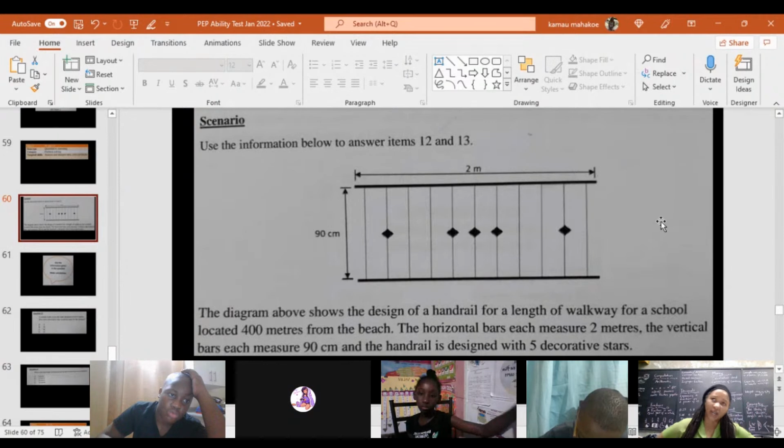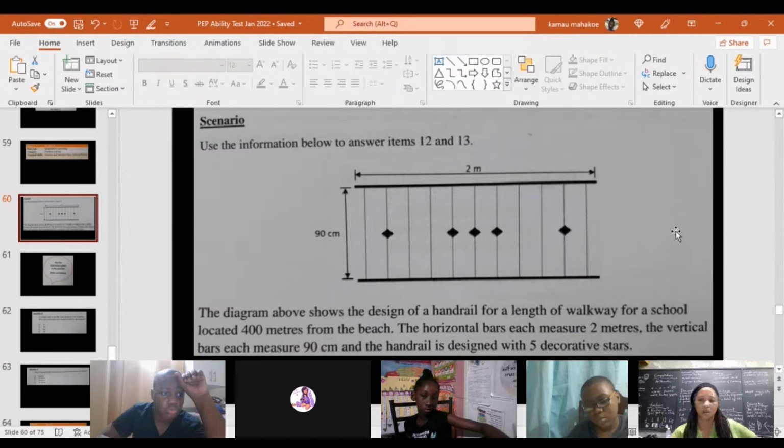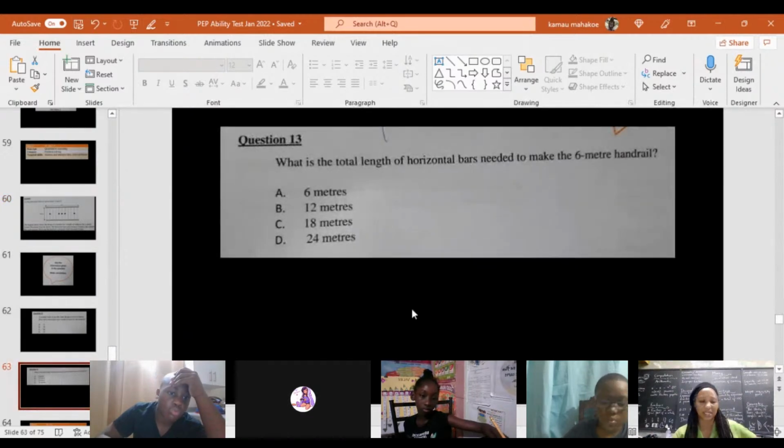I'm not sure I'm processing this question though. What do you think the question is asking? Miss, what was the question again? So the question says, what is the total length of horizontal bars needed to make the 6-meter handrail?